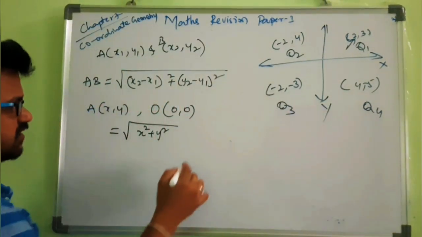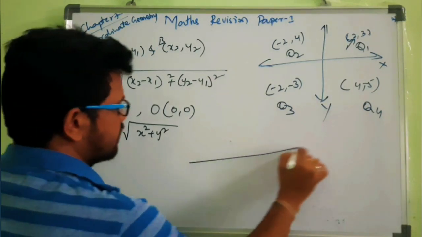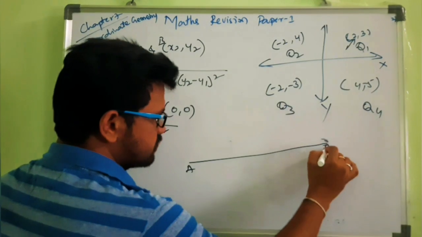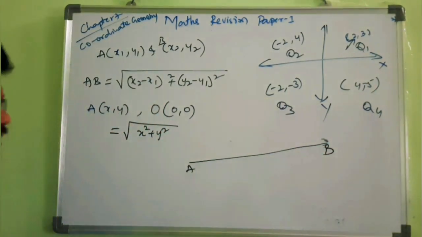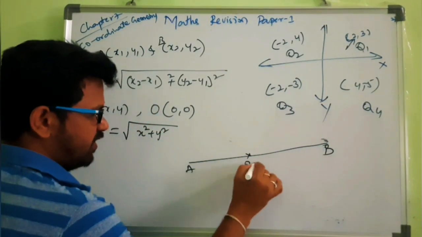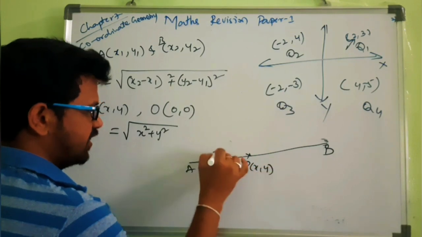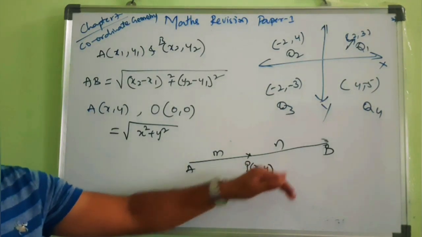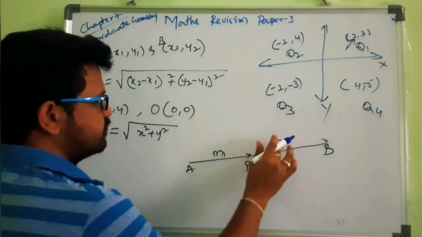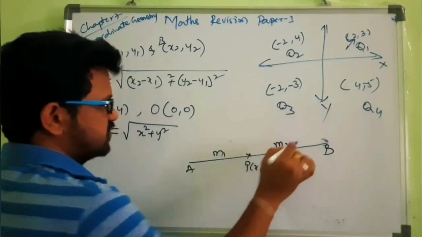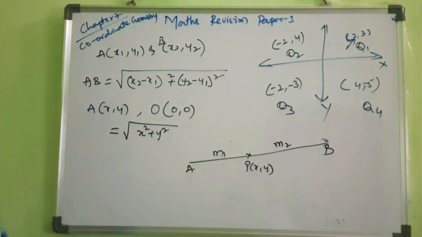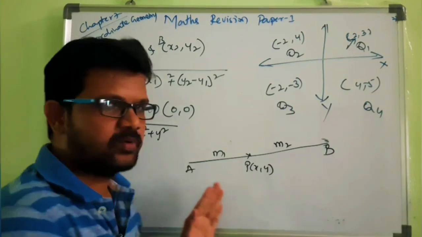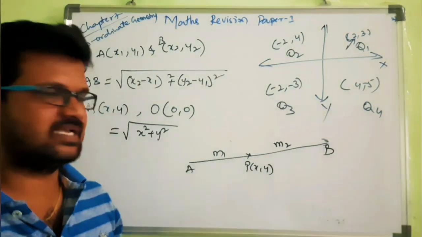And next one is section formula. There is a line segment AB. On this line segment there is a point P which divides the line segment in the ratio m is to n, or m1 is to m2. Generally in your textbook they are using m1 and m2. So A and B are the points joining the line segment.